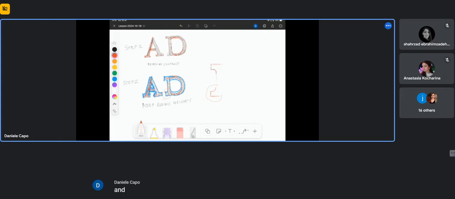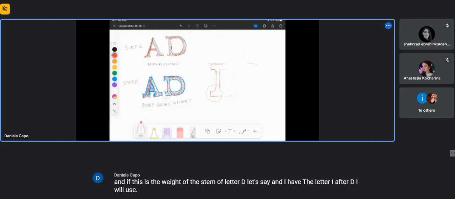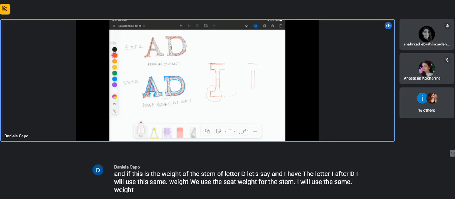And if this is the weight of the stem of letter D, and I have the letter I after D, I will use the same weight for the stem. I will use the same weight thickness for the serif and the same shape.